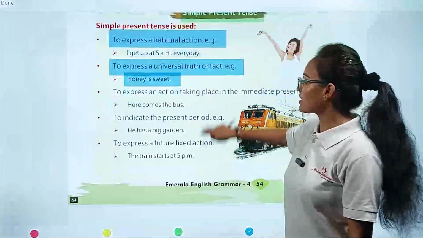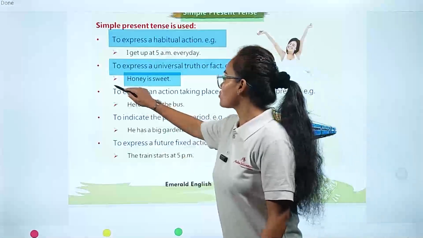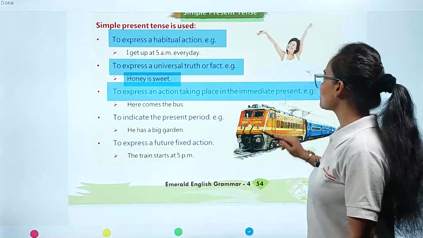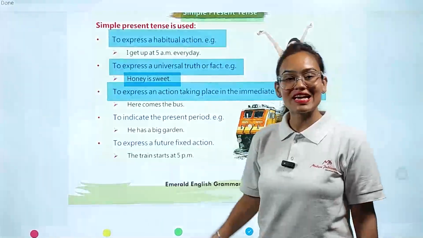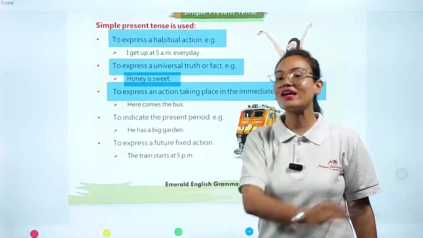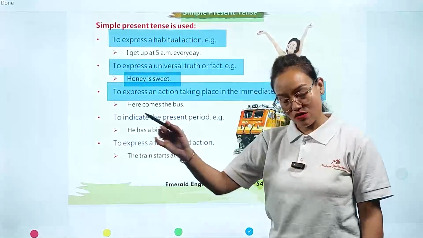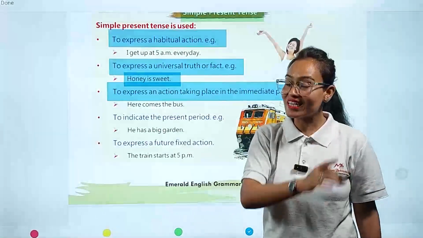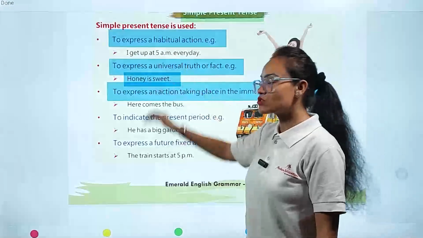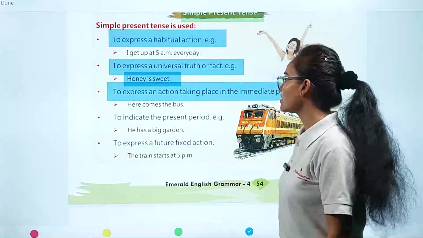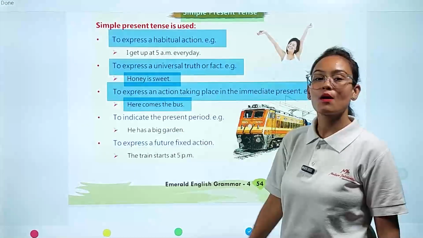Now the third category, to express an action taking place in the immediate present. Whenever an action takes place while another action is ongoing, immediately at that time, we also use simple present tense, like here comes the bus.